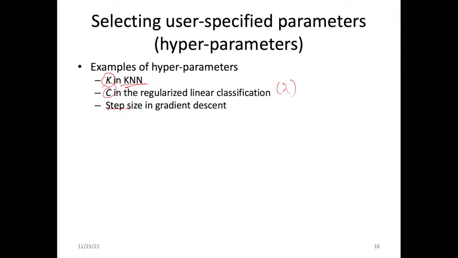So how to select these parameters? If you want to have a systematic way to decide the hyperparameters, then essentially, based on the experimental result, you should determine whether you are currently overfitting or underfitting.